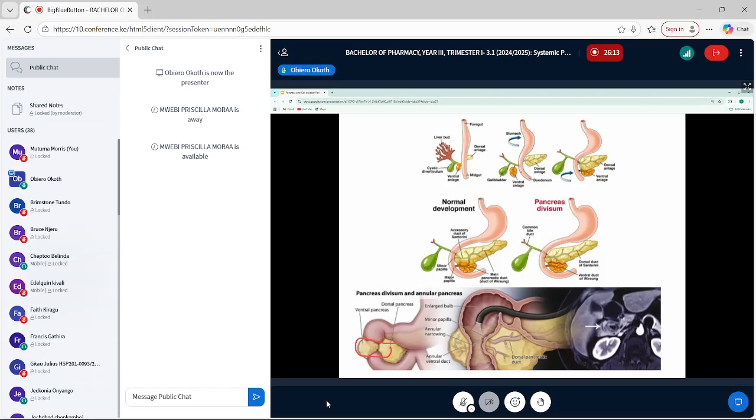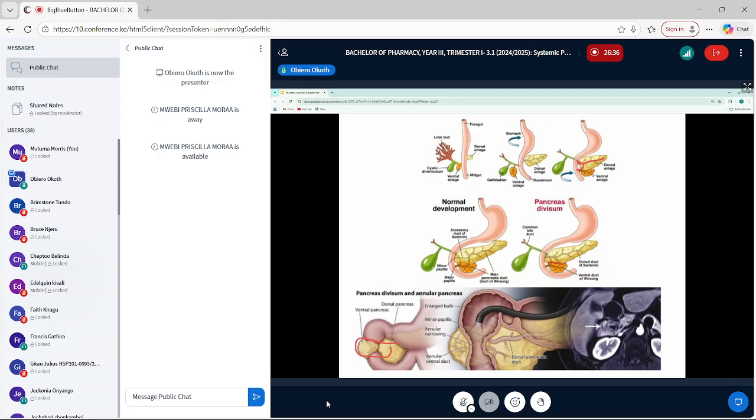Now, pancreas divisum basically is that the dorsal duct is the one that's supposed to support. This is what's supposed to combine with the common bile duct to the ampulla. But sometimes that does not occur.